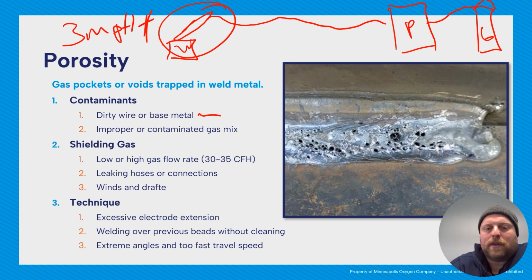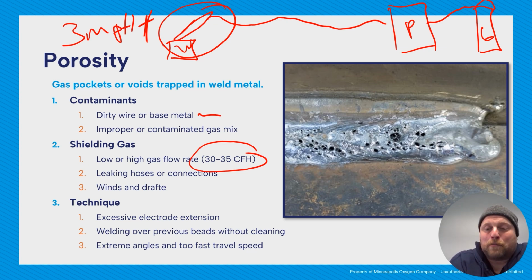So the gun, we could have an issue with shielding gas flow, which we're going to see pictures of shortly, of what that would look like. But basically, you can get spatter and everything stuck up in the nozzle, so we're not getting the right flow. In addition, are our settings correct? You should have 30, 35 CFH for almost everything.